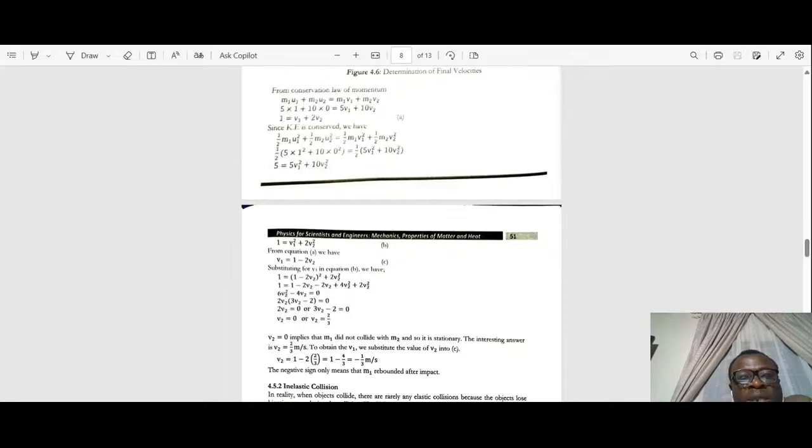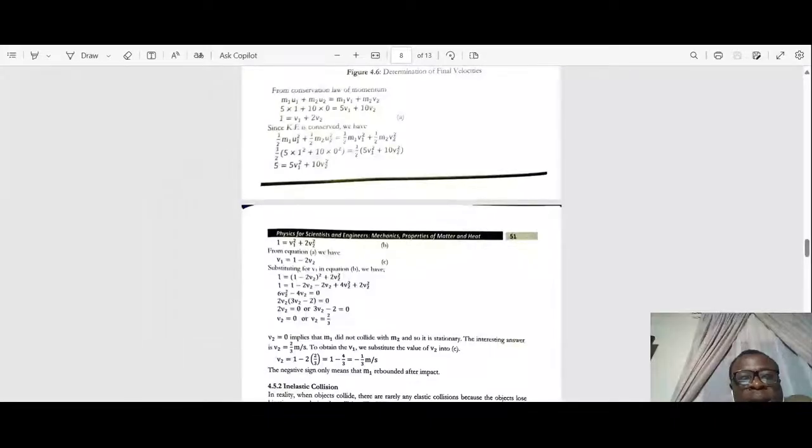So we now expand this. 1 minus 2v2 square means 1 minus 2v2 times 1 minus 2v2. By the time you open the two brackets, you now have 1 minus 2v2 minus 2v2 plus 4v2 square plus 2v2 square.